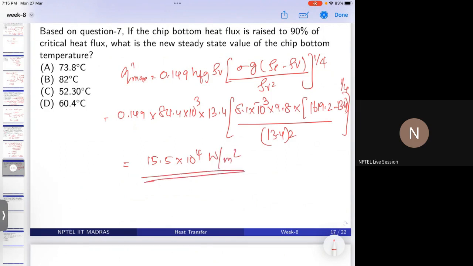But this is not the heat flux we are asked to find out. We are asked to find out the chip bottom temperature when the chip heat flux is raised to 90% of the critical heat flux. So just multiply it by 0.9. Can you please calculate the surface temperature?